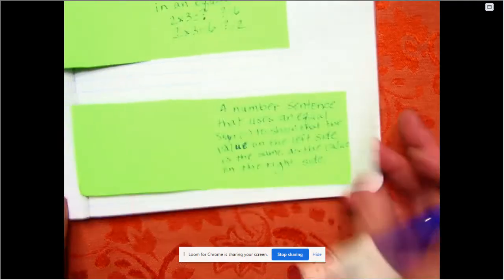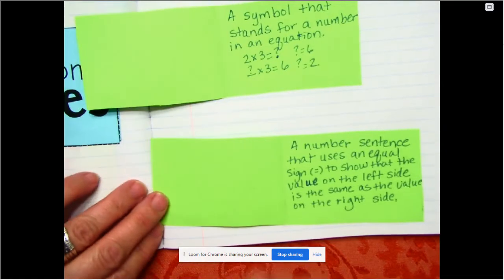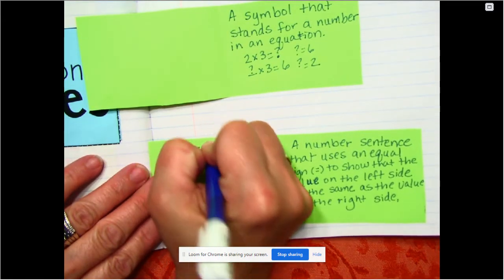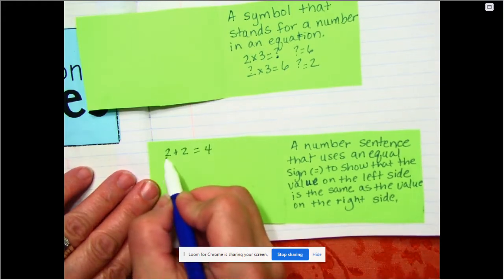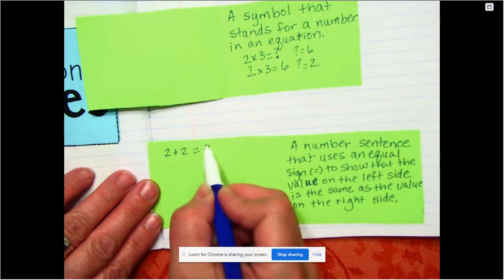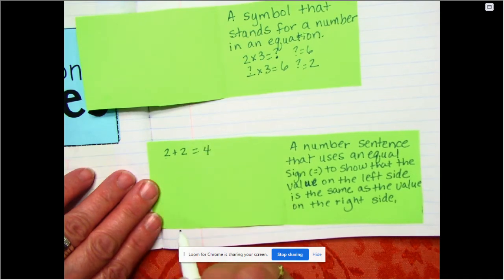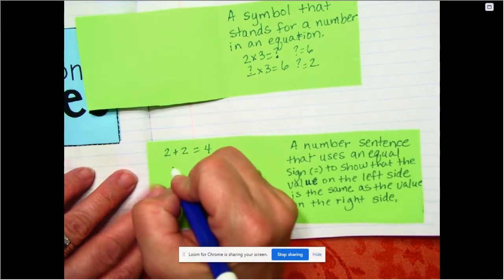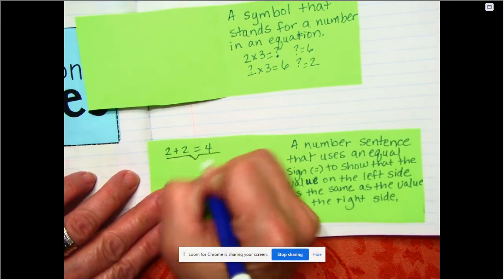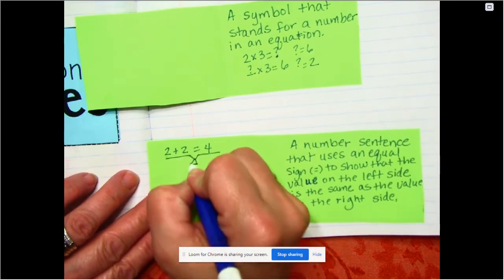Okay, so we're going to draw an example of that on the left side of the paper over here. So for example, 2 plus 2 equals 4. This is 4, 2 and 2, and this is 4, so they balance out. Okay, it's kind of like we have a balance pan here, and they're equal.